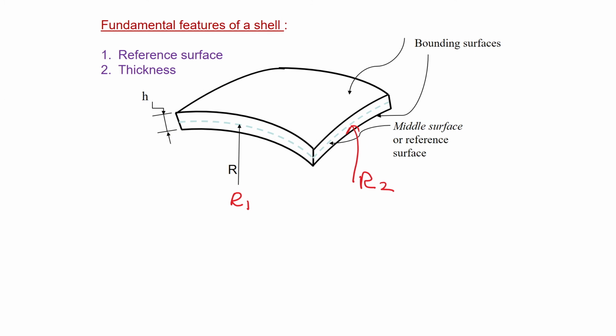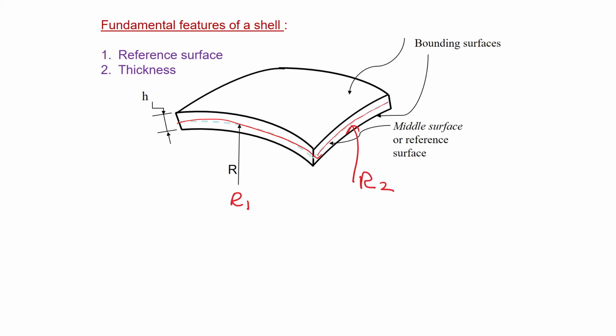What are the fundamental features of a shell, the basic entities or variables? Very first is the reference surface. The blue line is a reference surface. Shell geometry is defined by its reference surface. Whatever the form of the reference surface, just above and below we will add the thickness and then the shell will be formed.